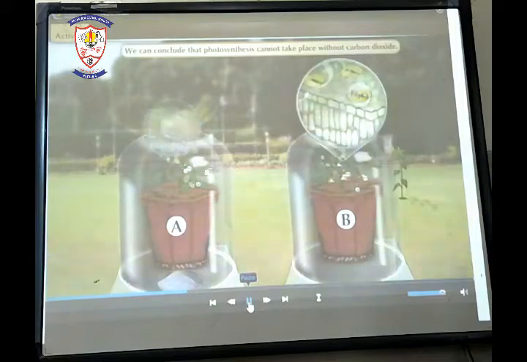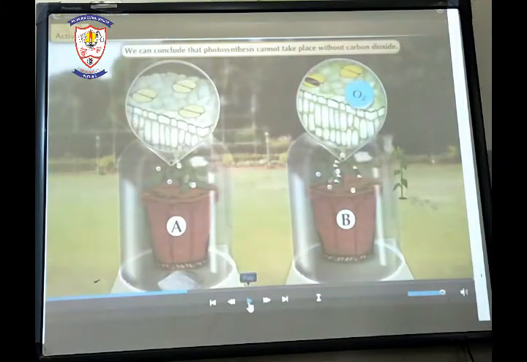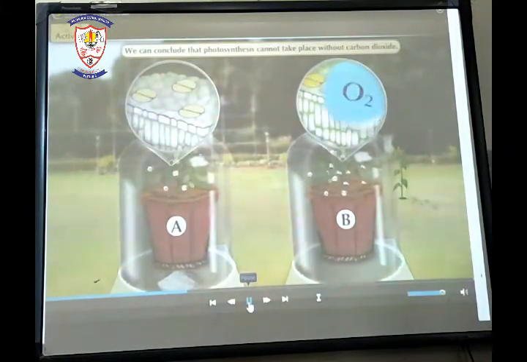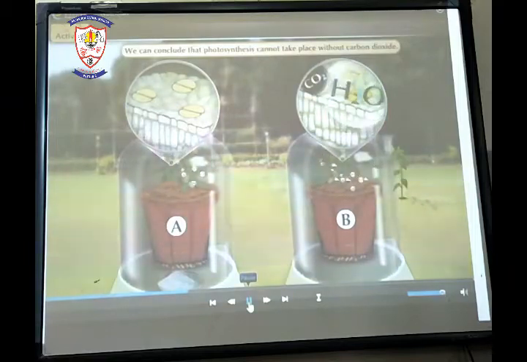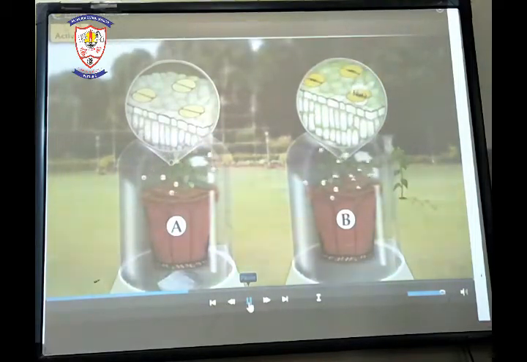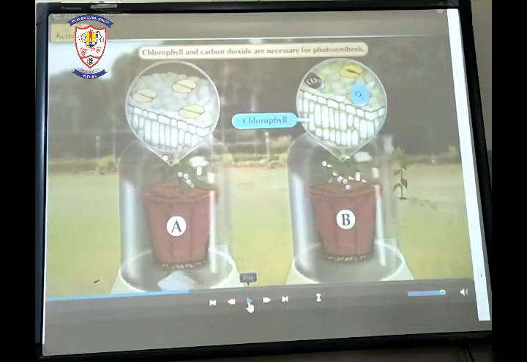Therefore, we can conclude that photosynthesis cannot take place without carbon dioxide. So, now we know that chlorophyll and carbon dioxide are necessary raw materials for photosynthesis.